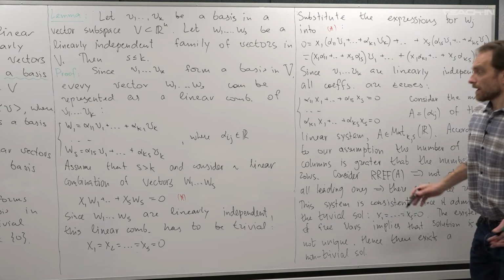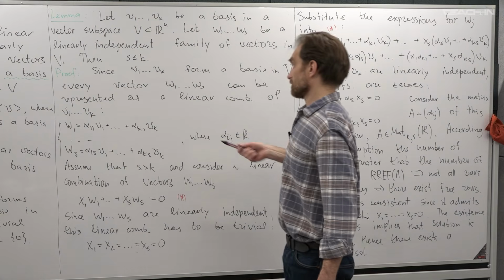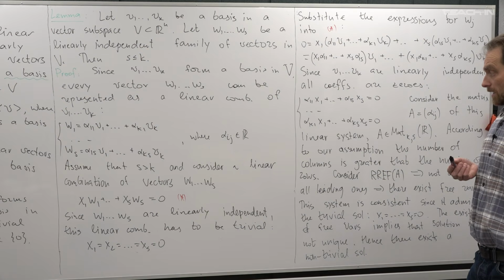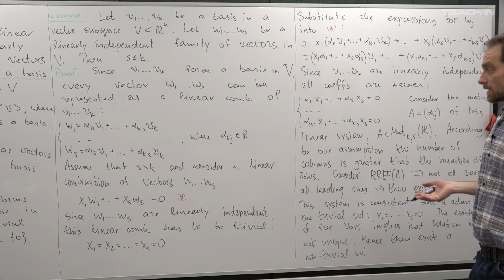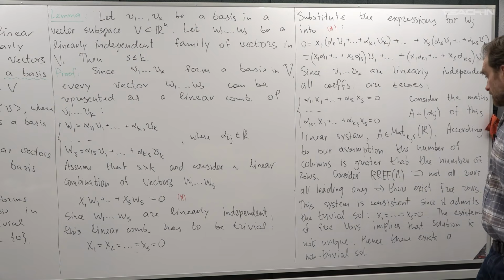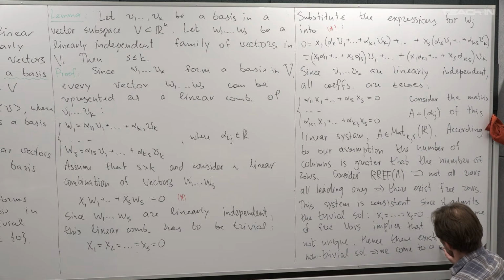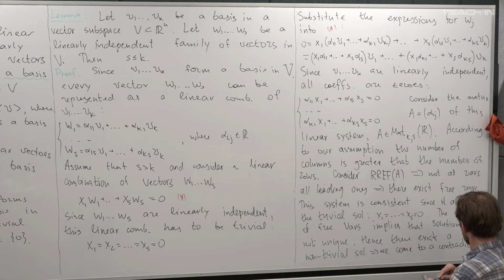But we started from the fact that we consider a linear combination of vectors w1, etc., ws that are linearly independent due to our assumption. And so we get a non-trivial linear combination of these vectors that is zero. So we come to a contradiction. So this proves our lemma.